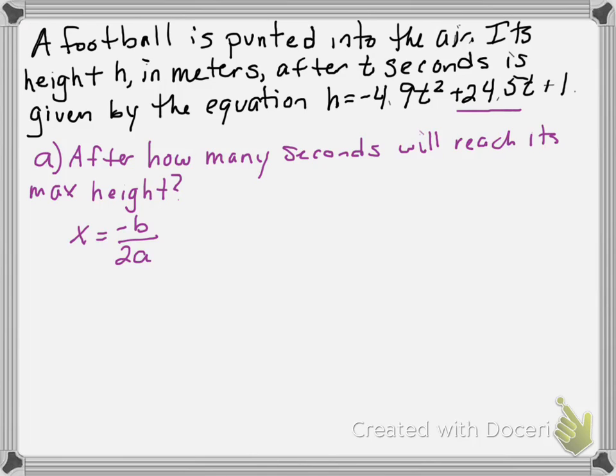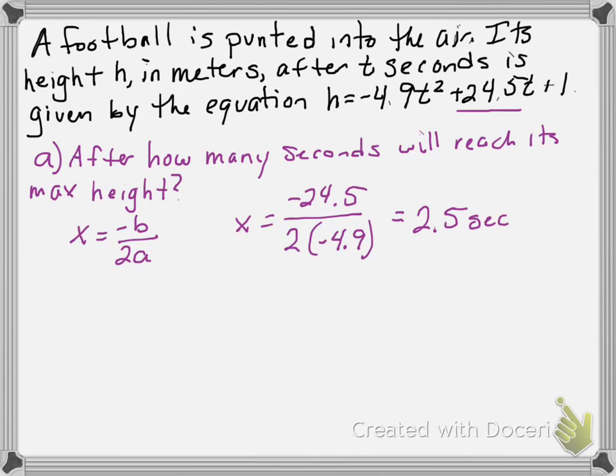So since it's negative b, I'm going to have x equals negative 24.5 over 2 times the a value, which is negative 4.9. Okay, so when I do my math, I get that the x value is 2.5, and since our x represents t in our equation, those are the equivalent variables, you would say that it's 2.5 seconds, which is when the football hit its max height.